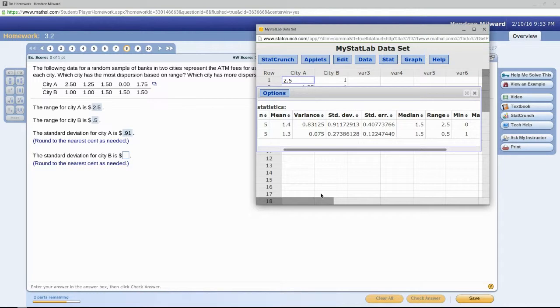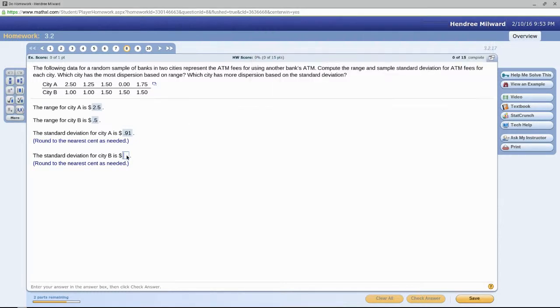You just have to really pay attention to what StatCrunch wants, right? Sometimes it says the nearest tenth, hundredth, thousandth, but rounding's not hard in and of itself. City B, let's see, that standard deviation is 0.27, rounded to the nearest cent.